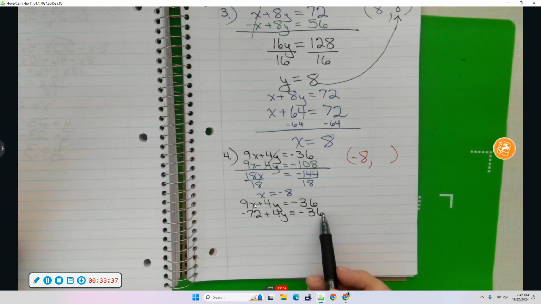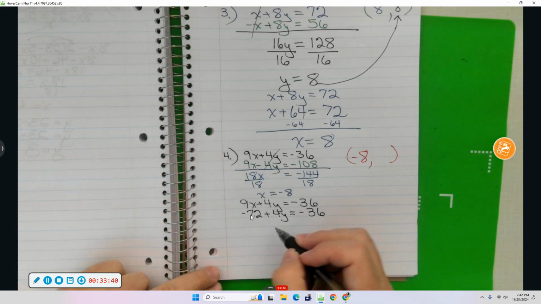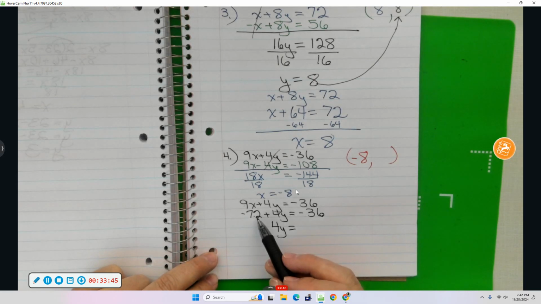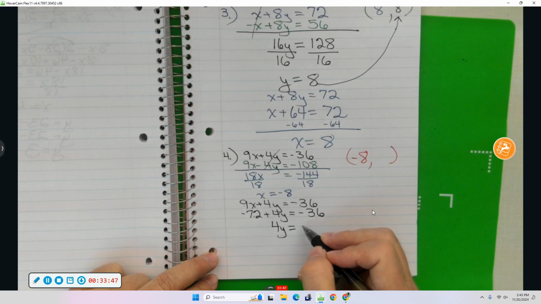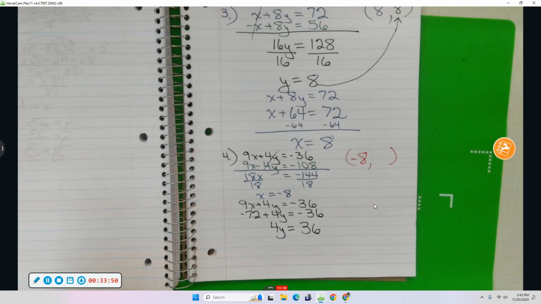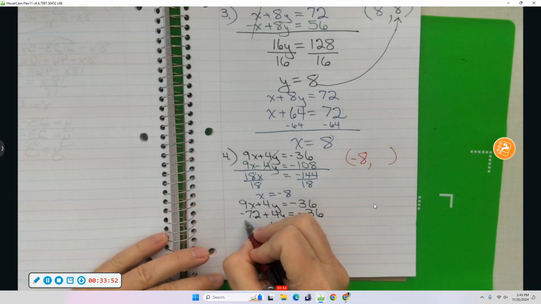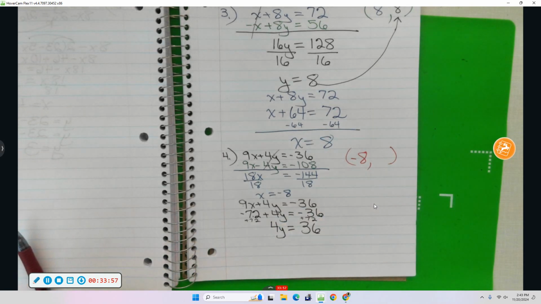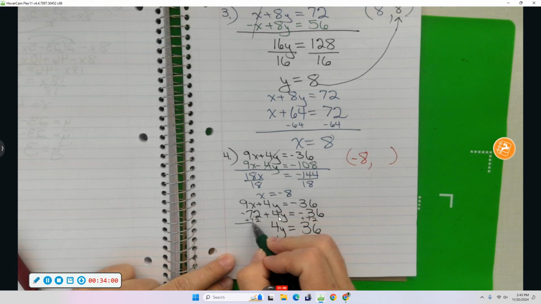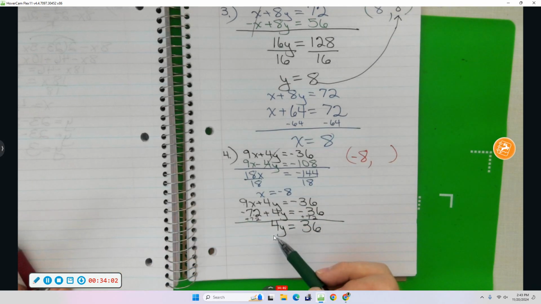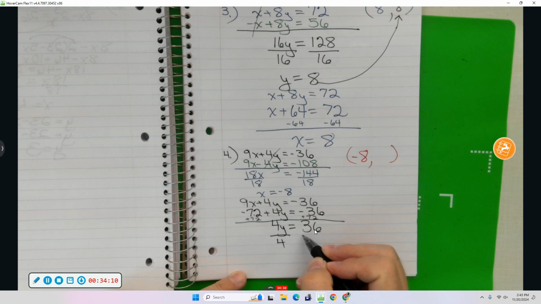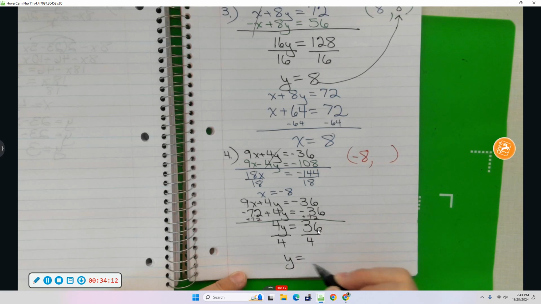I'd add 72 to both sides. It'll work out pretty nicely. 4y equals negative 36 plus 72, which gives us a positive 36. I added the 72 to both sides, and that's how I got 4y equals positive 36. And then all that's left to do is divide by 4 to give us the y value of 9.